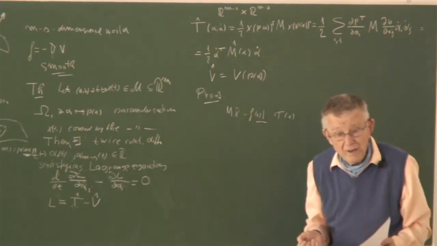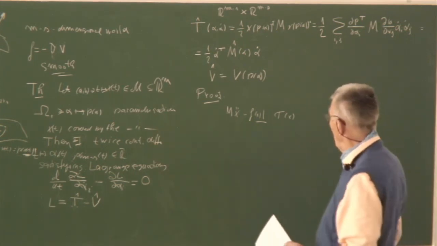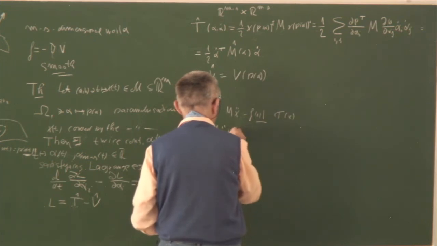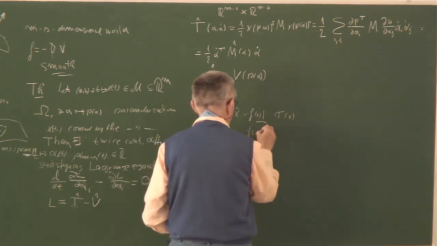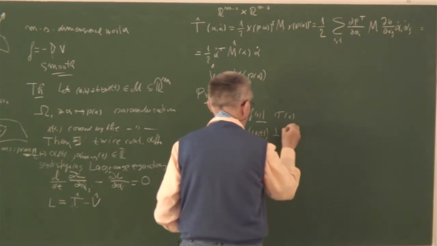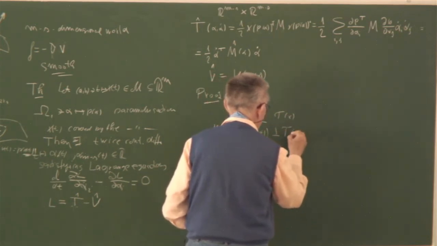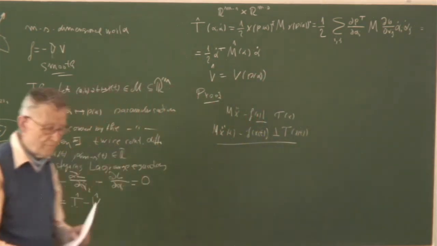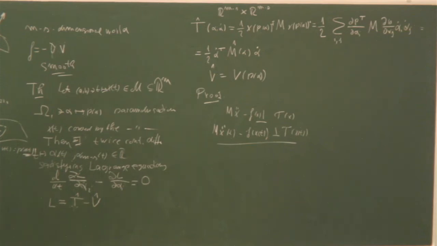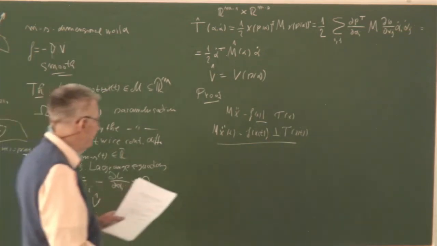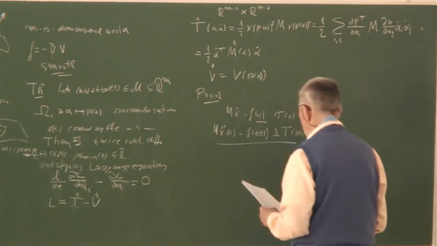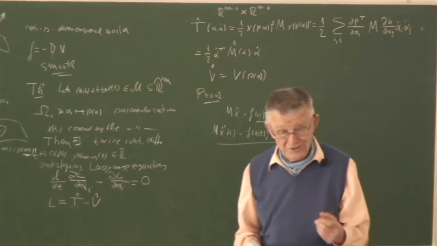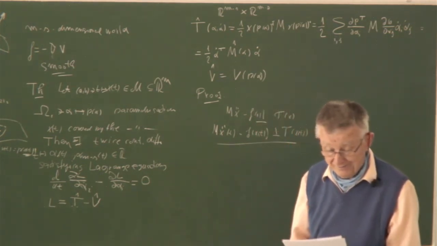It's an equivalent way of writing this equation. More precisely, m x double dot of t minus f of x of t is orthogonal to the tangential space at the point x of t. So in fact, formally we have now eliminated the constraints.